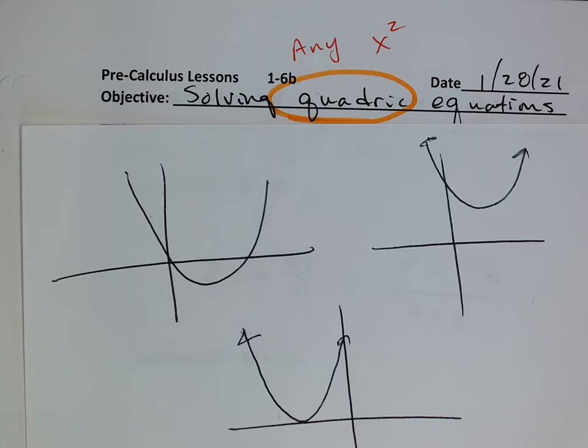This one, there's no real answers, but because we have an i, these kinds of graphs will give me an imaginary answer. But always plus or minus.